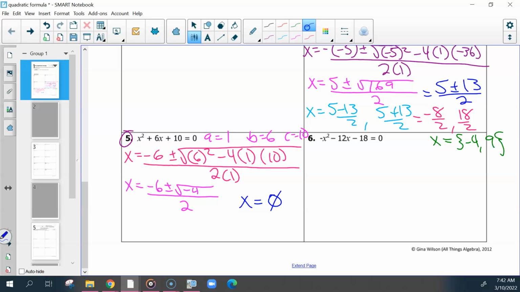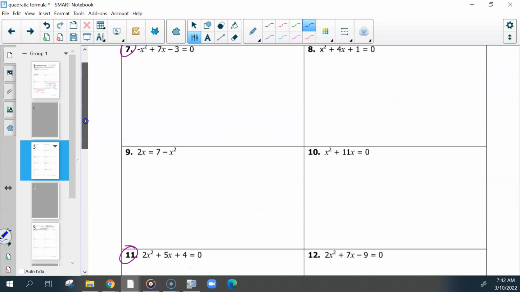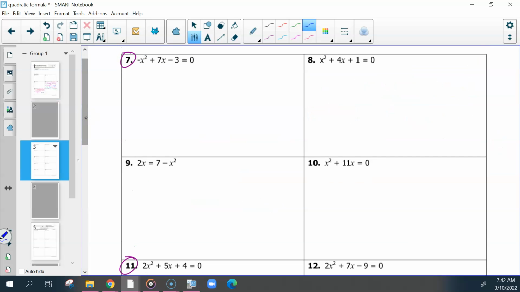Let's move on to the back. Starting with number 7. What are your A, B, and C values? -1, 7, and -3.